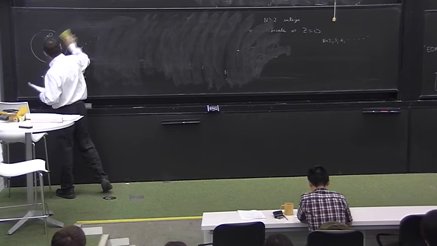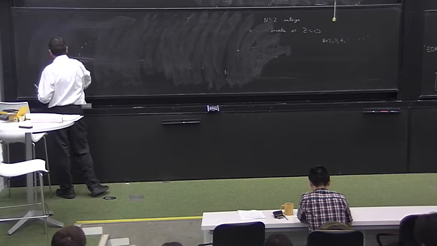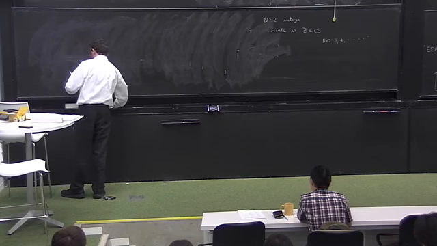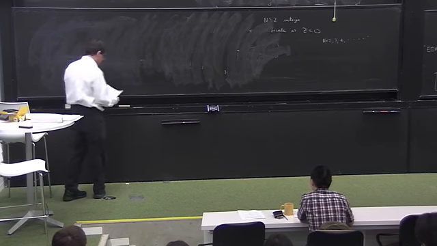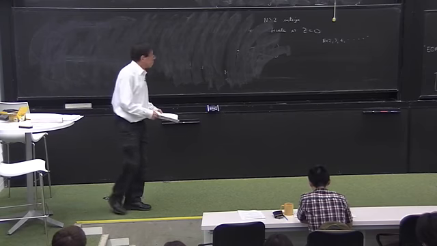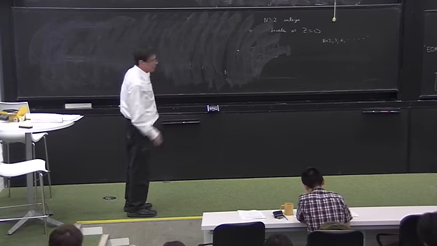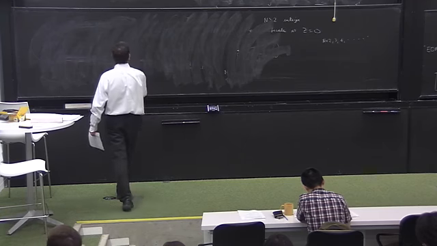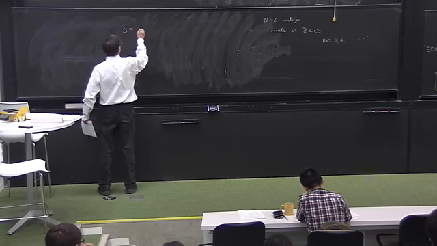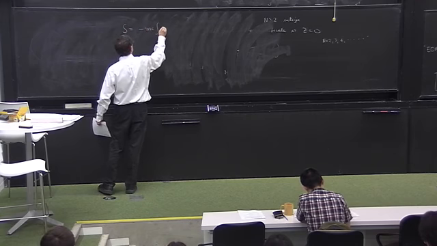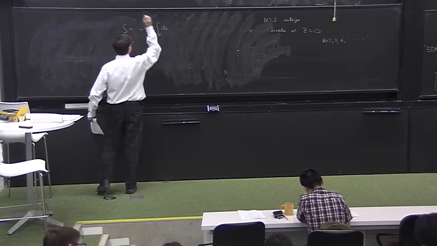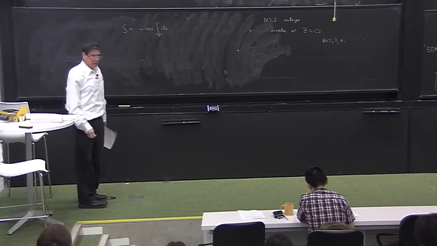In addition to the fact that it's very geometrical, it is parameterization invariant. You have S, the action, is minus mc integral ds over the path of the particle. That's all there is to it.